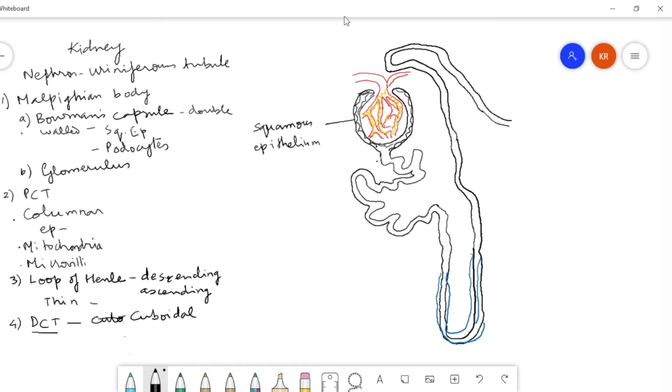The cells are shorter, cuboidal, and they have very few mitochondria. And they don't have microvilli. So they are cuboidal. This is the difference between the two. And then from here, this part of the DCT will go into the collecting duct.